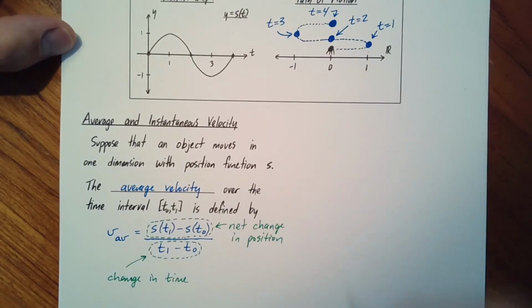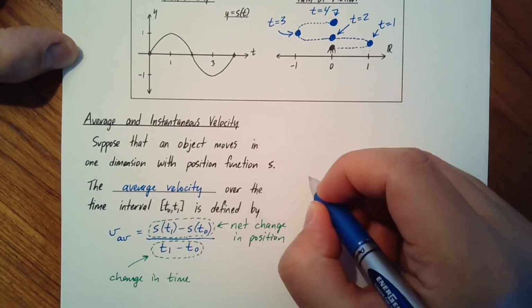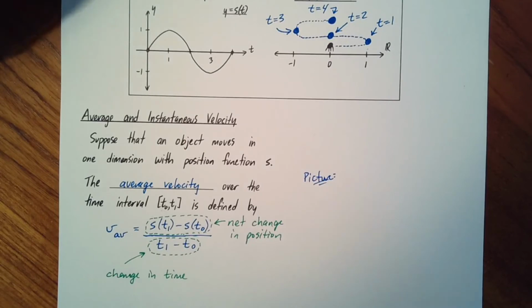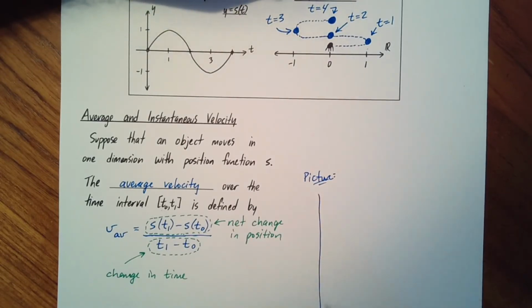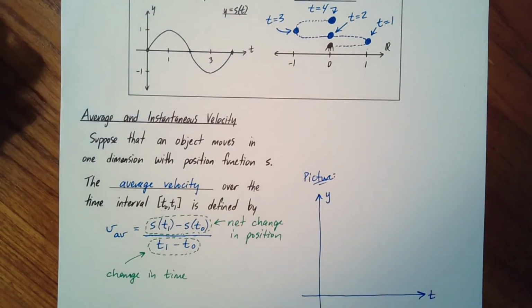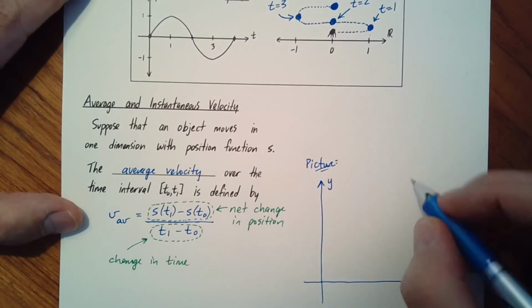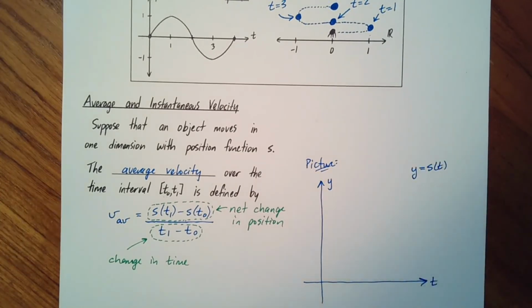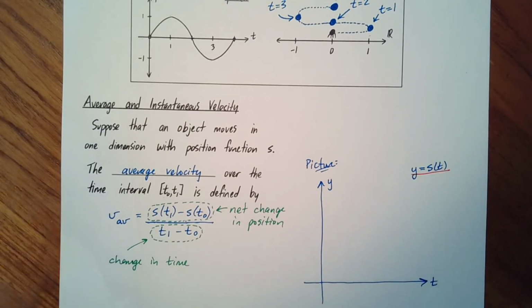Let's draw the picture. Let's do a sketch of what the position graph might look like if I have a t-axis and a y-axis, drawing the graph of y equals s of t. This is just to clarify that this is the graph of the position function.